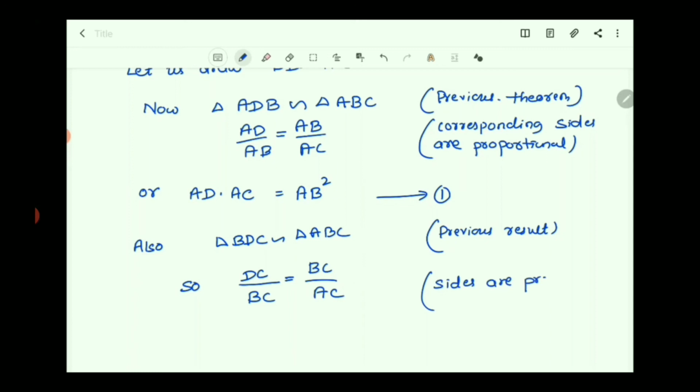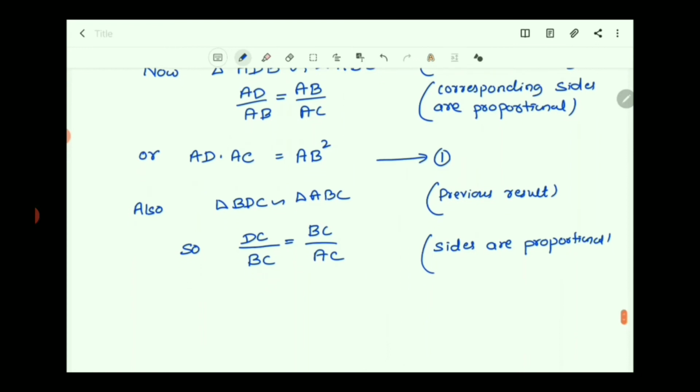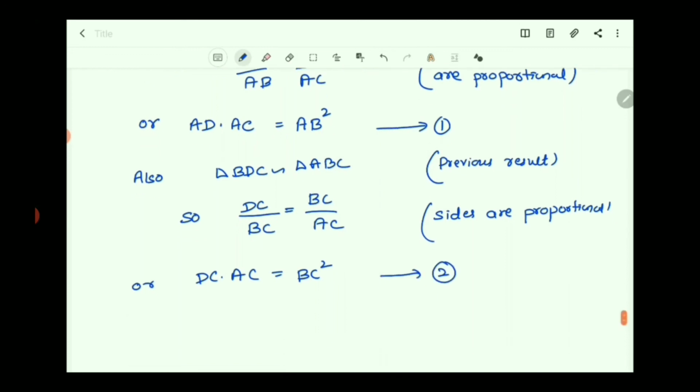You know that BC into BC becomes BC square, so CD into AC, that is DC into AC, is equal to BC square. Now you consider this as the second result.